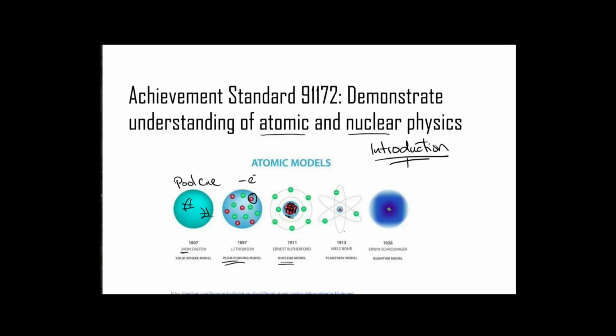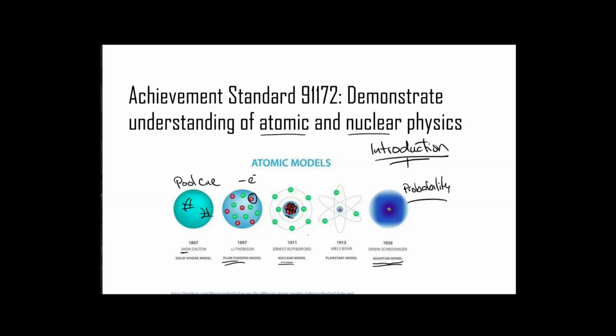This obviously wasn't good enough. And Erwin Schrödinger came along, the same guy who did the famous thought experiment with Schrödinger's cat. He said that you can't actually pinpoint much about the electrons. You can only give a probability of where they are.